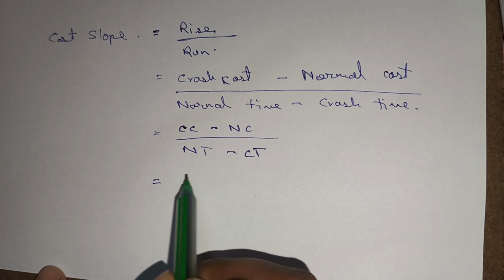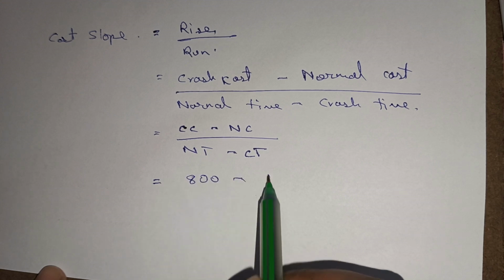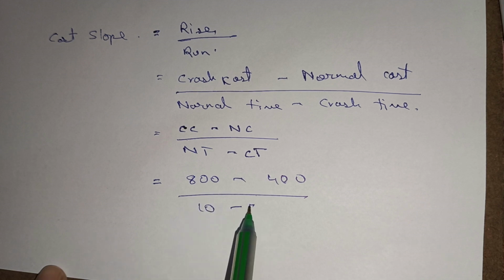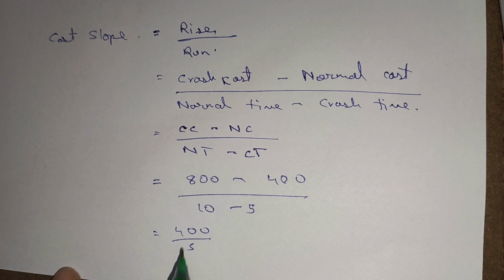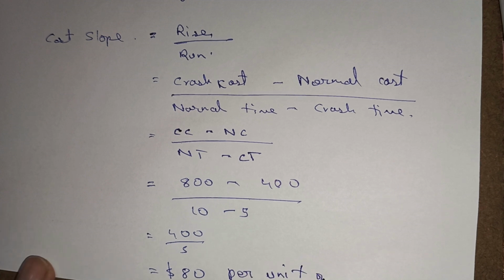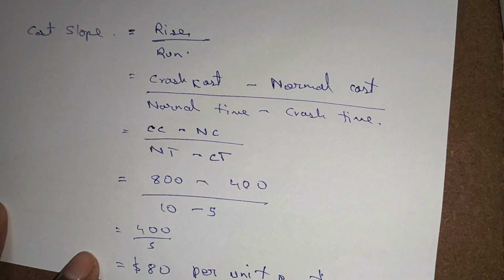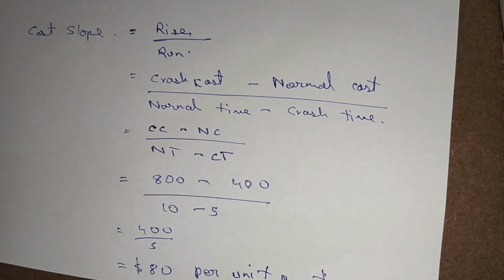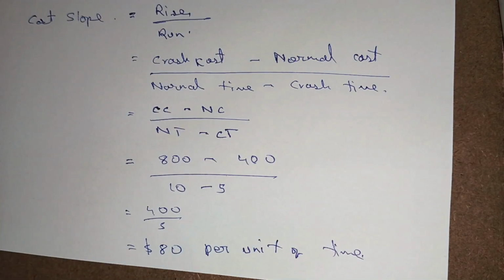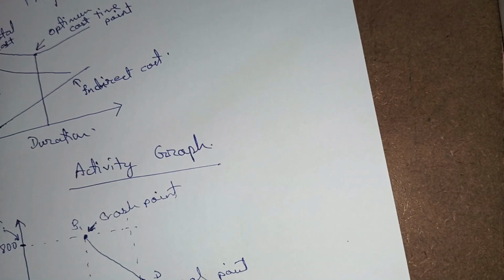This is equal to 800 minus 400 divided by 10 minus 5. So this is equal to 400 by 5 equal to $80 per unit of time. Okay, so we start with these basic understandings, and then we proceed with a numerical.